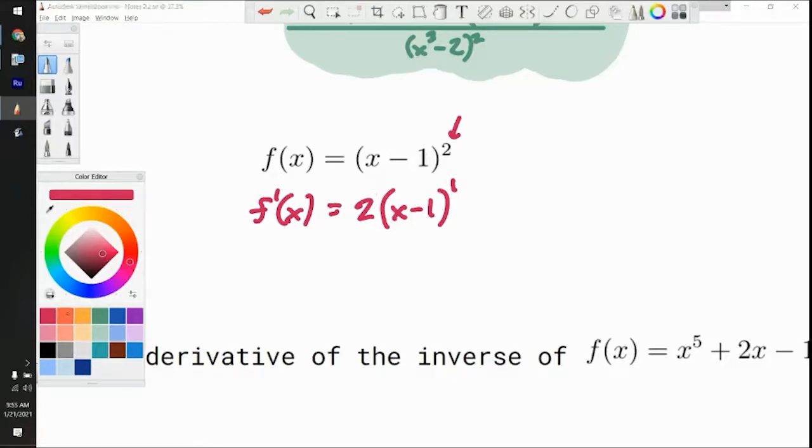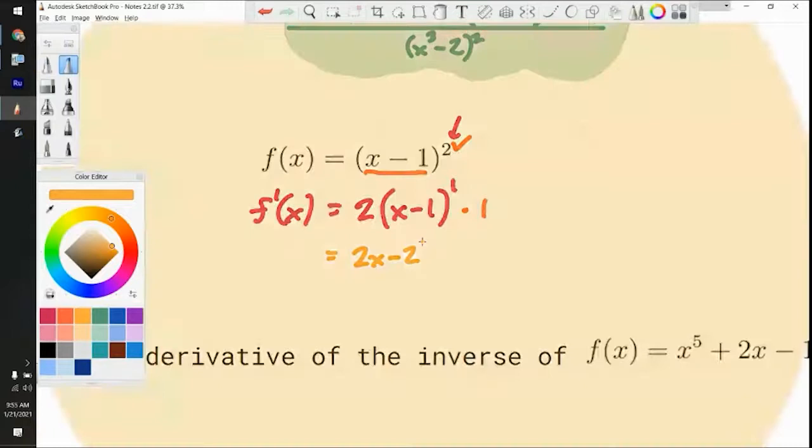Then the last step is to multiply. So this layer's done. Now multiply by the derivative of this. What's the derivative of x minus 1? Well, it's 1. It's 1 minus 0, right? So your final answer is going to be 2x minus 2.